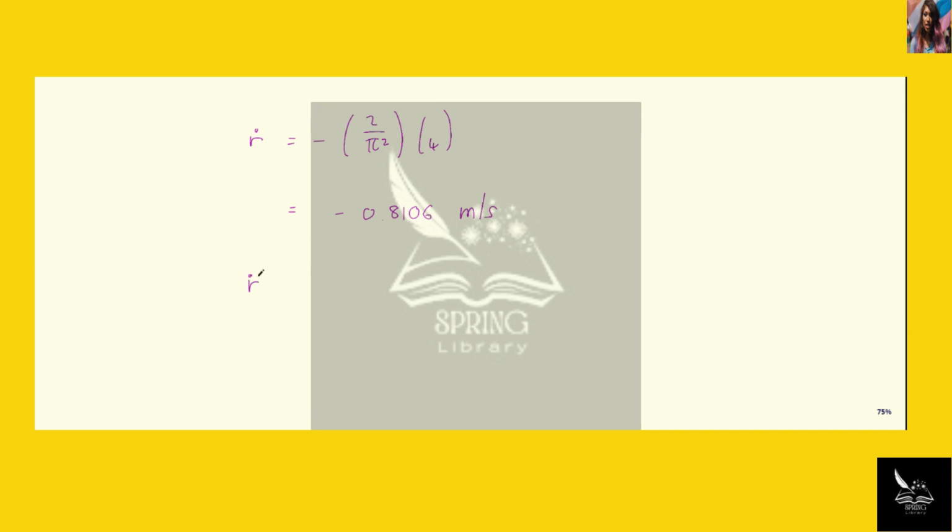And r double dot is 2 over pi cubed into 2 times 4 squared minus pi times 3, which gives us the acceleration r double dot to be 1.4562 meters per square second.